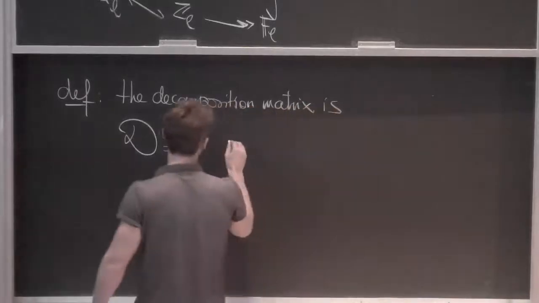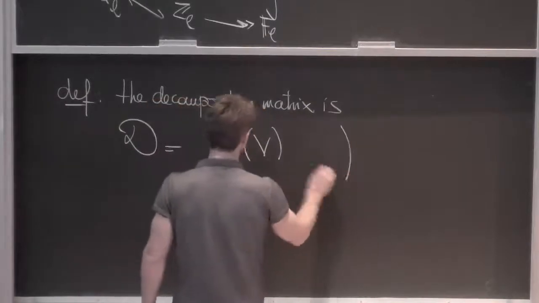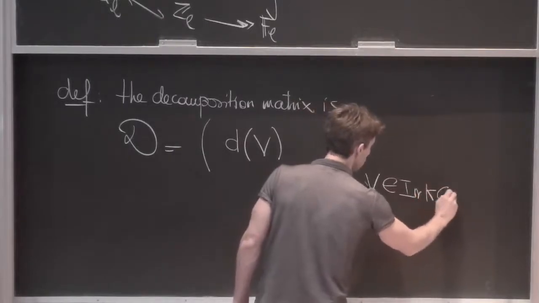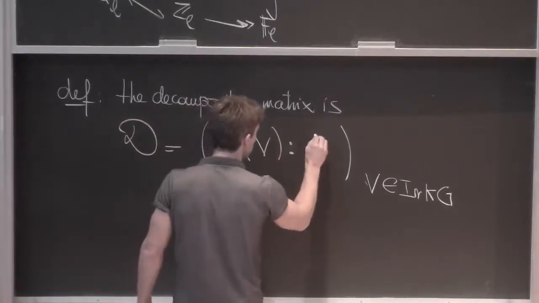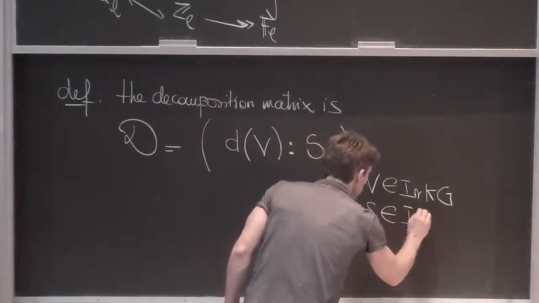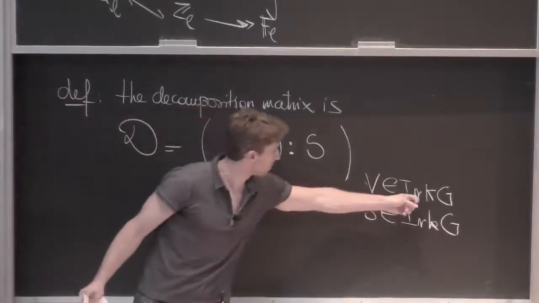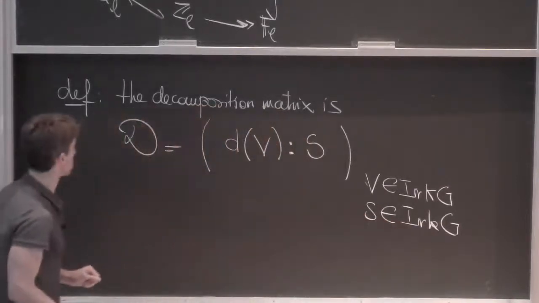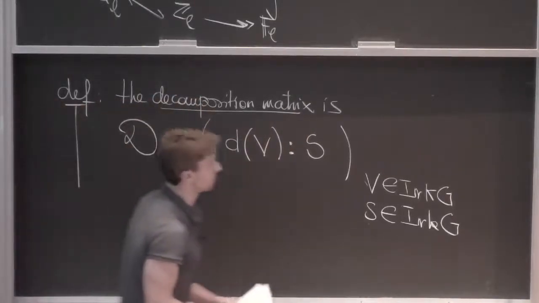So you start with any simple module V, so V is simple over K. Okay, you decompose it, and then you can look at the multiplicities of any simple representation over small k. Okay, so you have a matrix whose rows are indexed by irreducible representations over K, and columns by irreducible representations over small k, and that's your decomposition matrix.